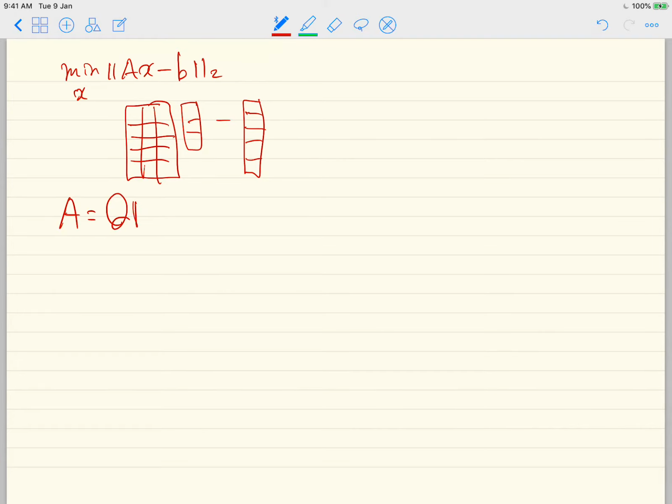Suppose we have a QR decomposition of matrix A. Okay, so in this case, I want to claim that this is the same as that.